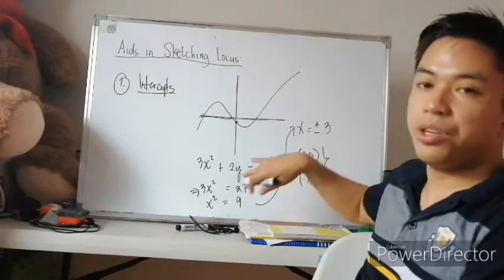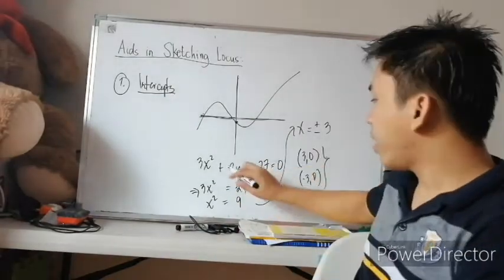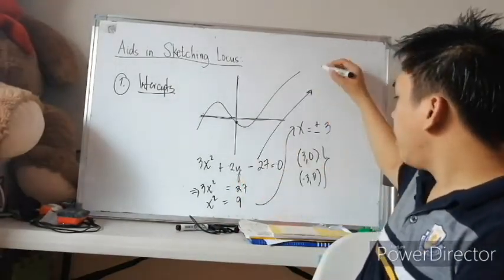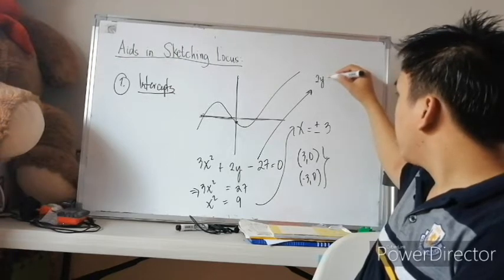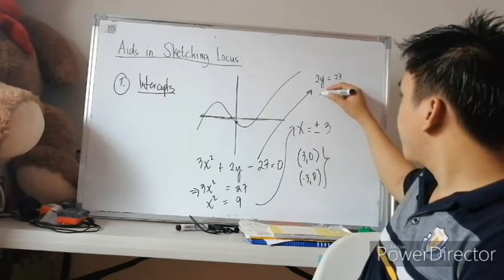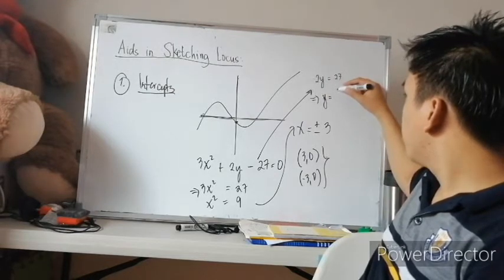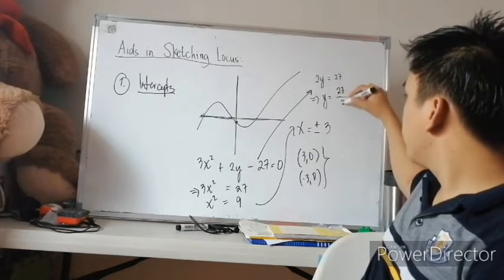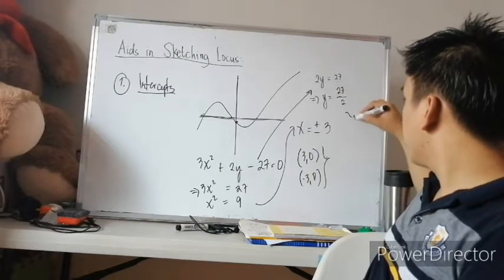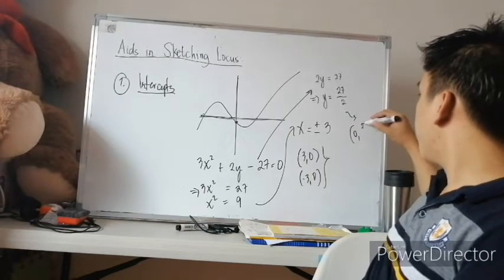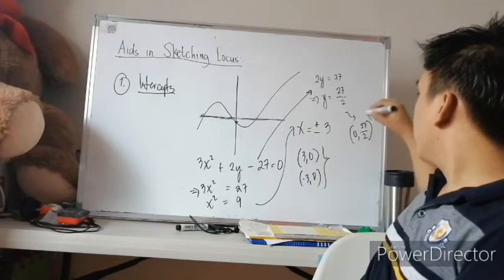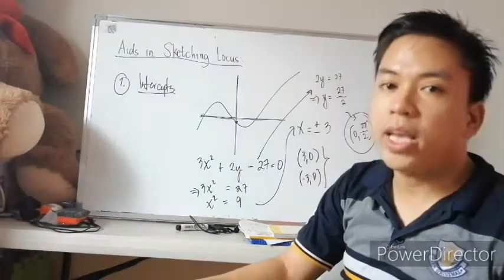Now to solve for the y-intercept, we assume x equals 0. That is 2y equals 27, so y equals 27 over 2. At the point (0, 27/2), the graph intersects the y-axis.